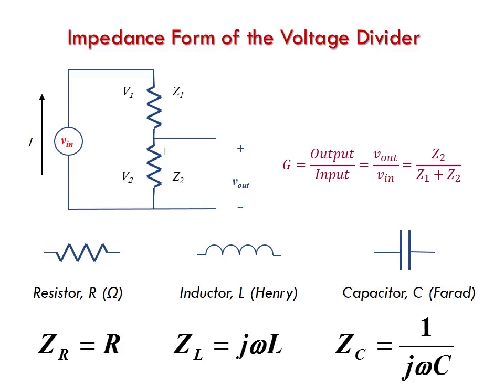And in the ZC, you're going to get 1 over 0, which is impossible, but you're tending towards infinity, so that's not going to work either. So infinite resistance for a capacitor versus 0 resistance for an inductor. 0 resistance for an inductor is just a short, and then infinite resistance for a capacitor is a gap in between. So again, that's just an interesting way of looking at it. There are caveats to this, but this is a good way to explain impedance as a form of a voltage divider.